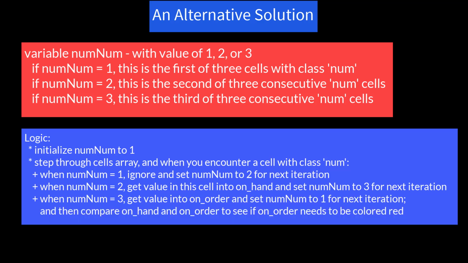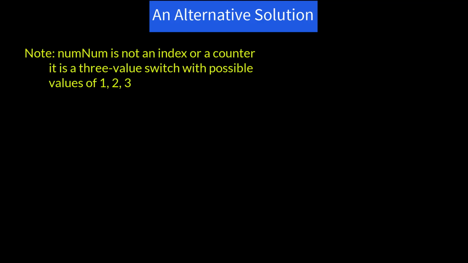And if num equals 3, get the value from this cell into onOrder and set num to 1 for the next iteration. And compare onHand and onOrder to see if onOrder needs to be colored red. Note, num is not an index or a counter. It is a 3-value switch with possible values of 1, 2, or 3.